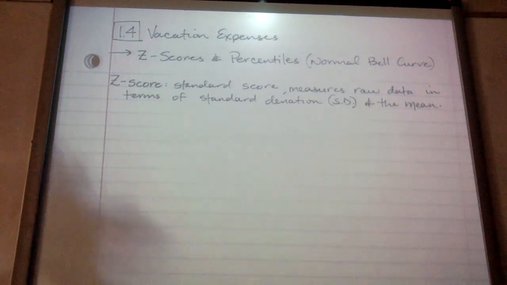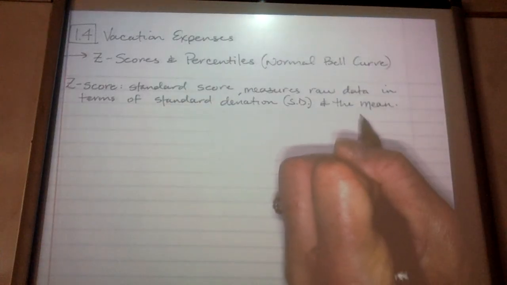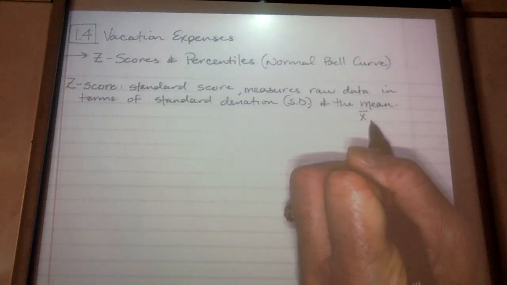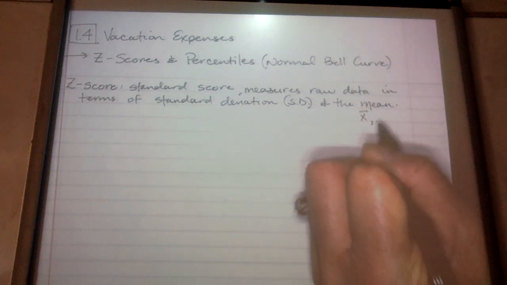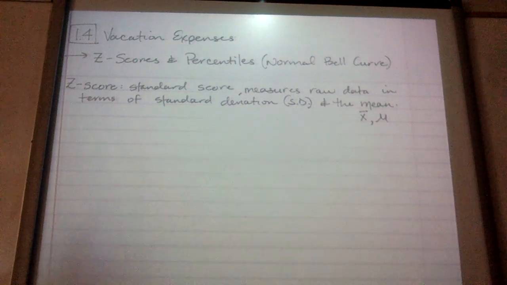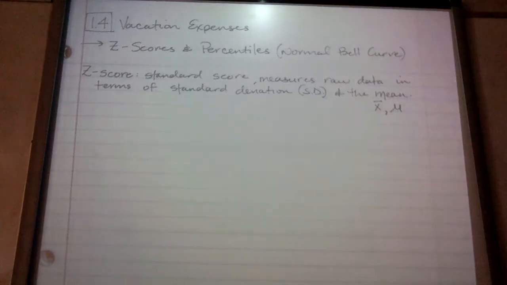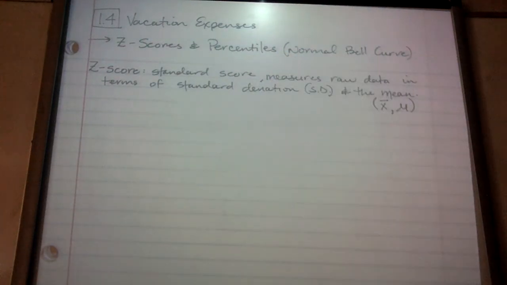Now, the mean has two symbols. The mean has the symbol X with a line above it, and then they teach us a new Greek symbol that looks like a U with uncontrollable tails. Both of those symbols are for mean.